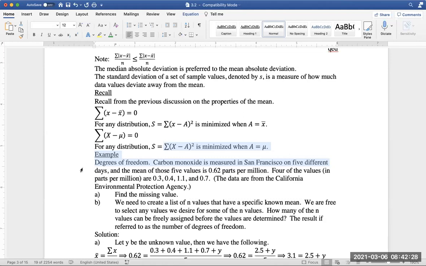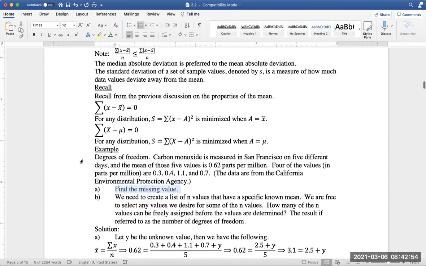The mean of those 5 values is 0.62 parts per million. 4 of the values in parts per million are 0.3, 0.4, 1.1, 0.7. The data are from the California Environmental Protection Agency. So first, A, find the missing value.